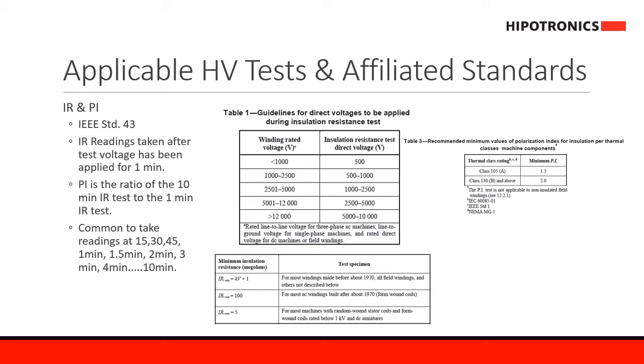Table 1 on the right shows the guideline for direct voltage to be applied during the insulation resistance test, while Table 3 shows the recommended minimum values of polarization index for insulation per thermal class of machine components.